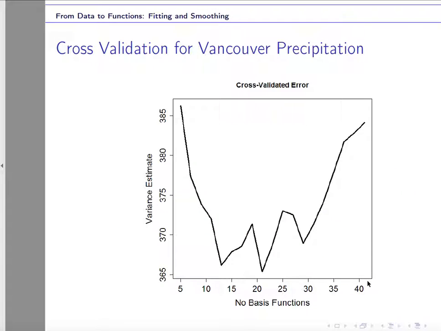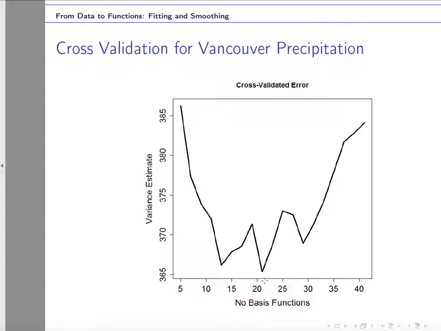Okay, so this is the cross-validation curve for the Vancouver precipitation data. I'll just show you, and you can see here that the cross-validation seems to be minimized when the number of basis functions equals 21, right? But we will not recommend 21.